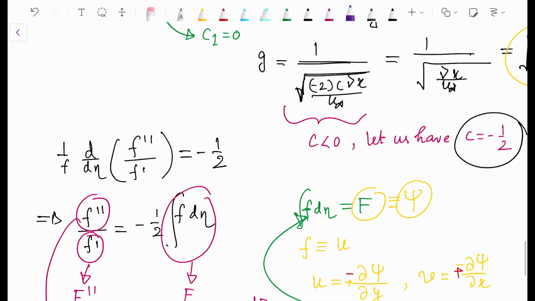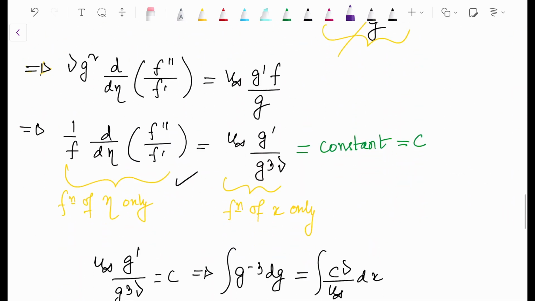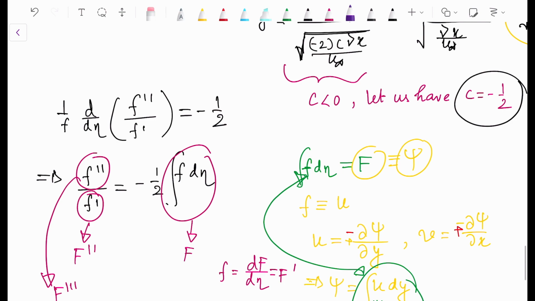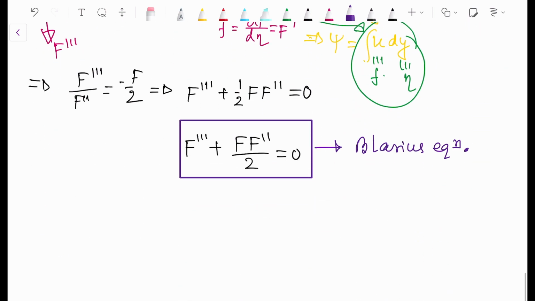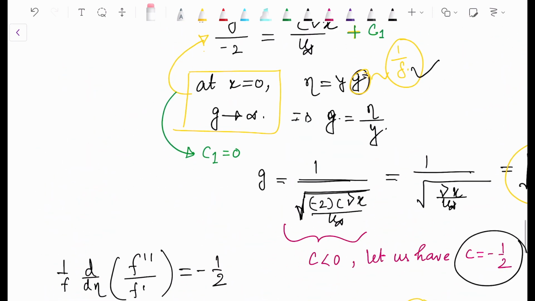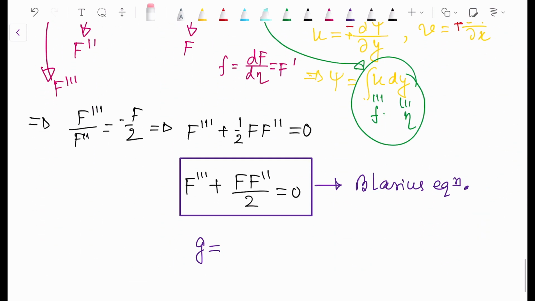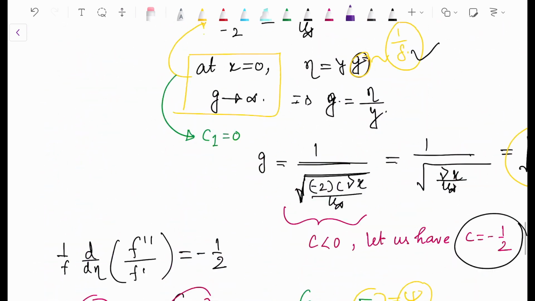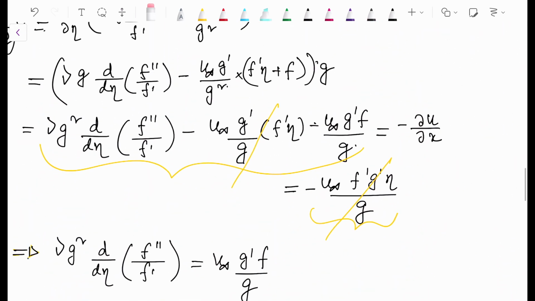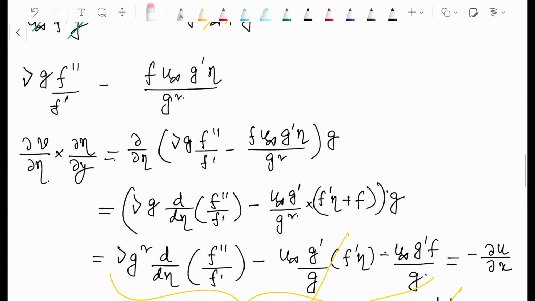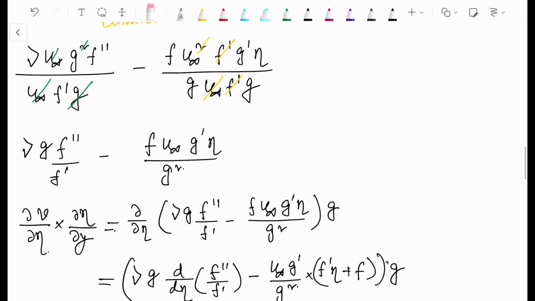Okay, so now I will give you a small mathematical homework. I have got g as root over of u infinity by nu x, and I also have an expression of v in terms of y, I mean eta, f and g.